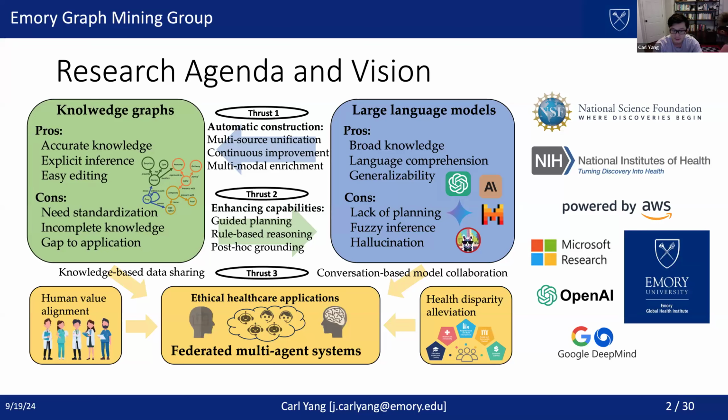But the knowledge also needs a lot of standardization, and the major limitation is that it is often incomplete. The coverage is never as good as today's very large language models. And there is also a gap to application, so you need to learn embeddings or formulate the problems as reasoning problems on the knowledge graph to really answer certain questions.